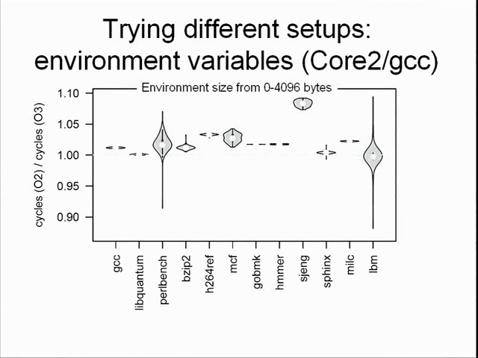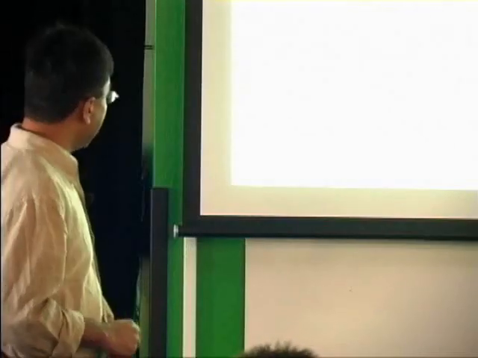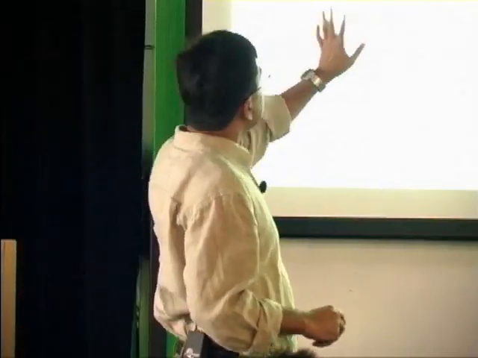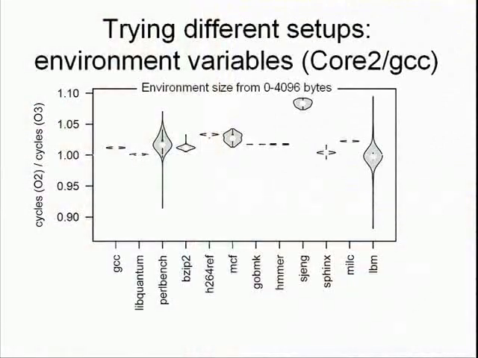As before, we have one violin for each benchmark program. What I'm doing in this case to change my experimental setup is that I'm changing environment variables. So these are Unix environment variables.